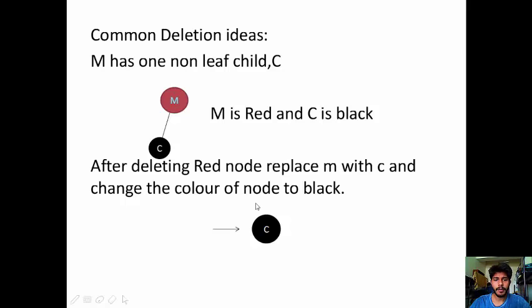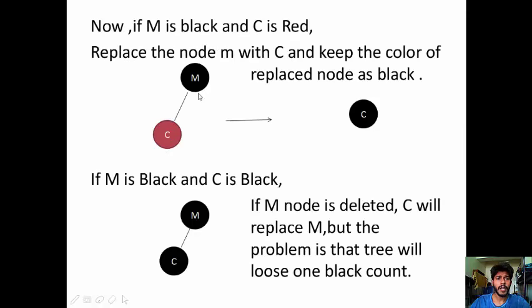At the end of this conversion, C will be on the upper part, it will become the root node, and the color of that root node will be changed to black.